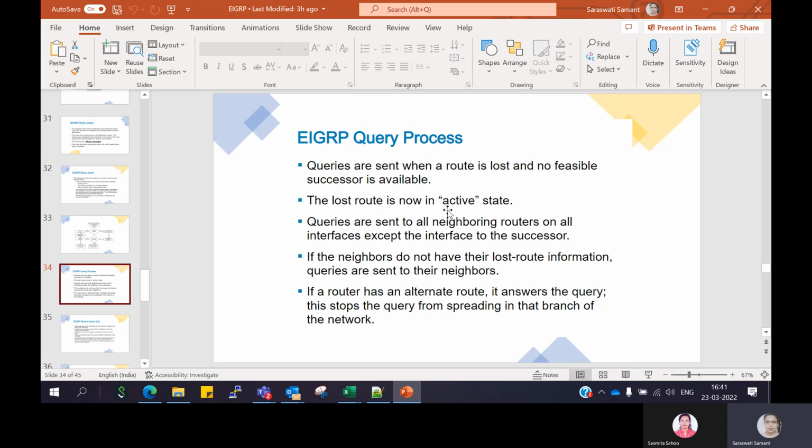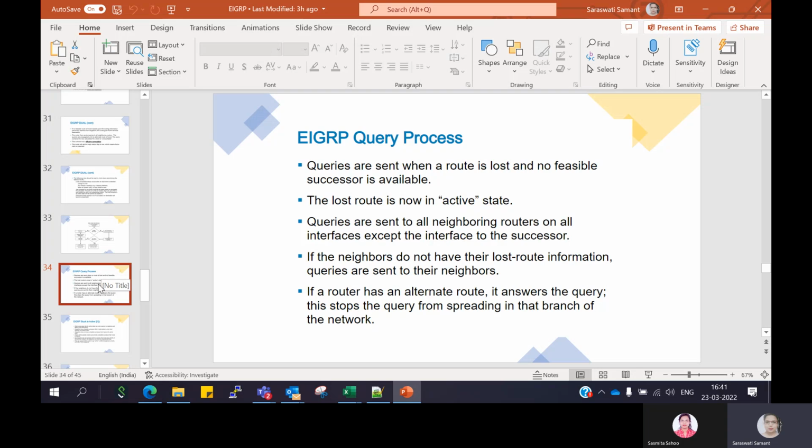The lost route will be kept in the active state. Queries are sent to all neighboring routers on all interfaces except the interface to the successor. Of course, if the successor has failed, it will send queries to the neighboring routers except the interface connected to the successor. If the neighbors do not have the lost route information, queries are sent on to their neighbors.